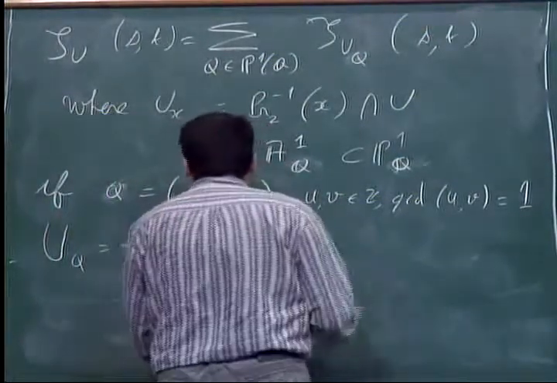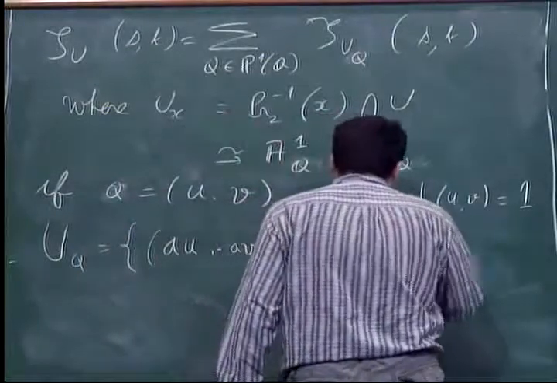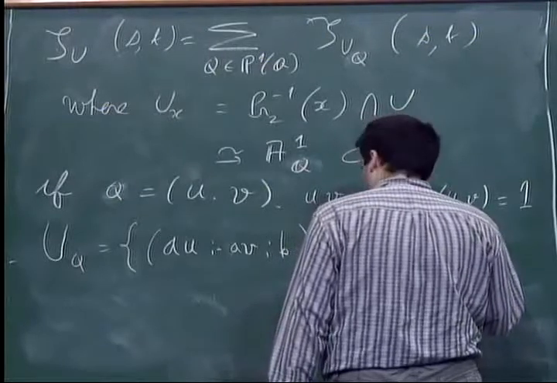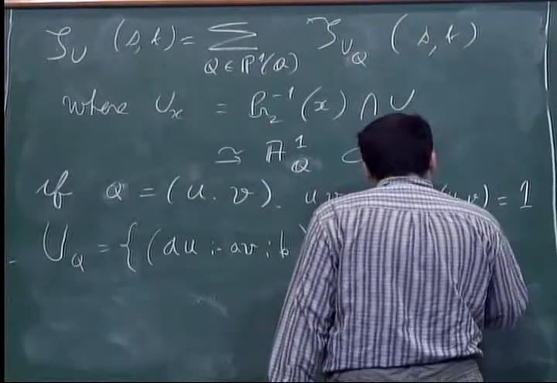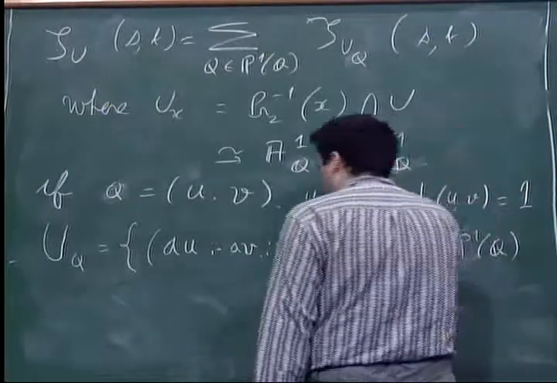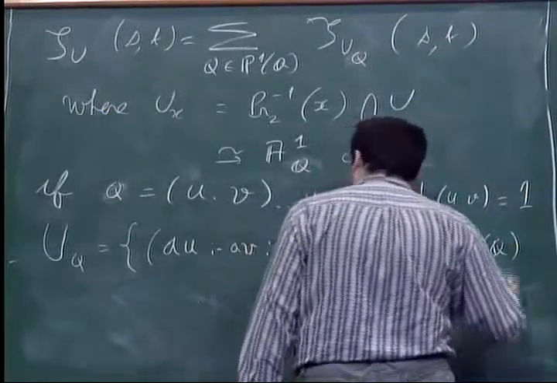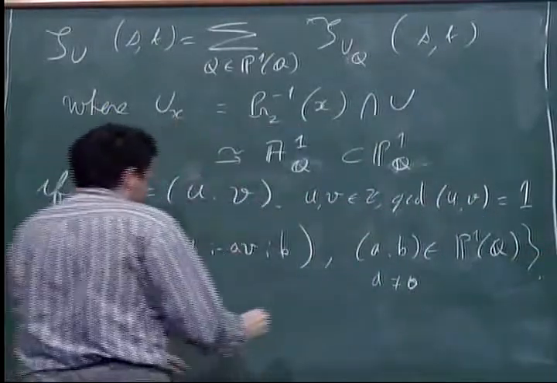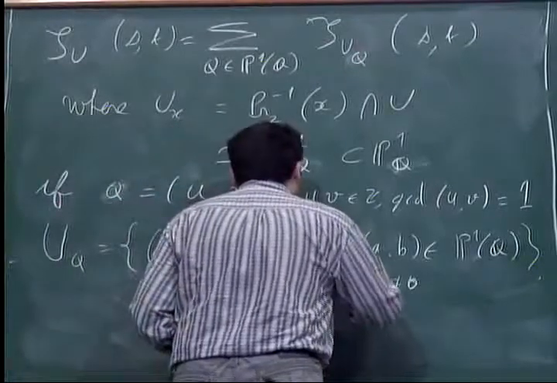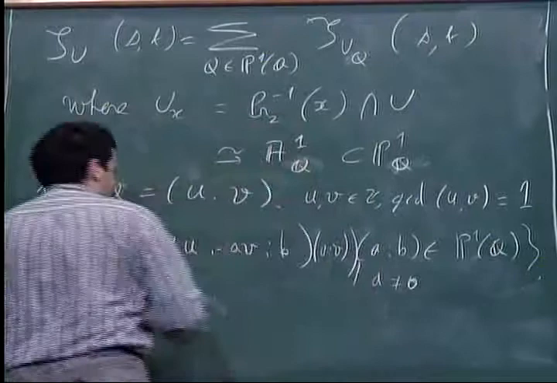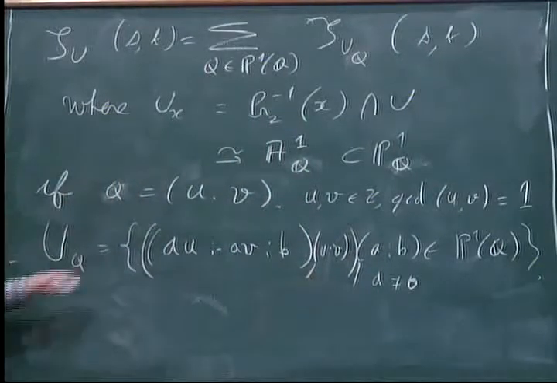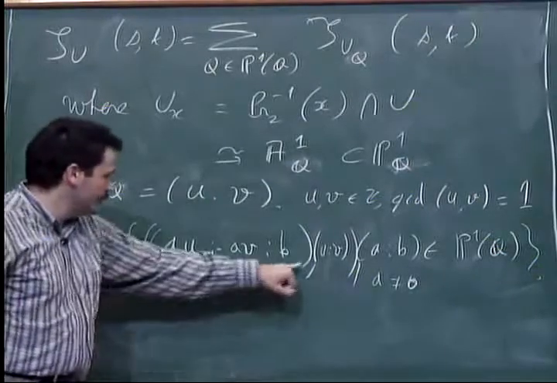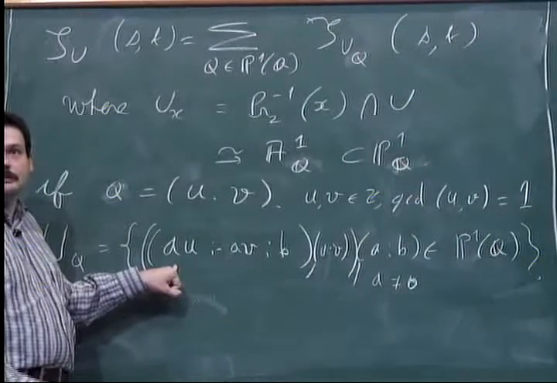A, V, B, where A, B is in the projective line, and also I want A to be different from 0. Well, of course I forgot, but there is also U, V. So in other words, I'm parameterizing the elements of UQ by these elements A, B. So this is a parameterization of each fiber.